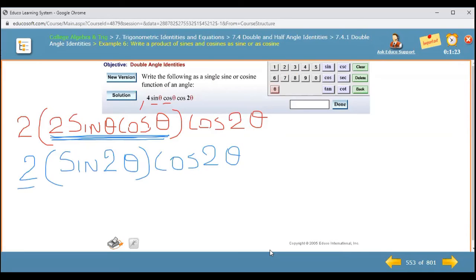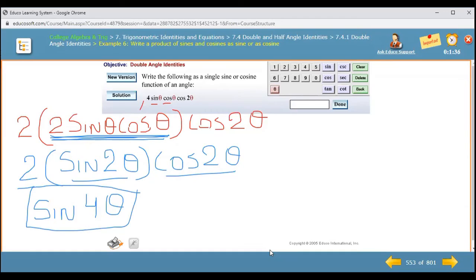Now 2 sine 2 theta cosine 2 theta is actually what? It is sine 4 theta. Very good. That's the answer.